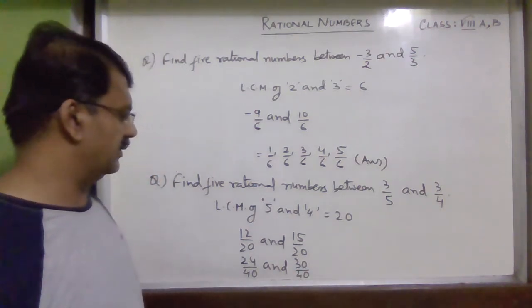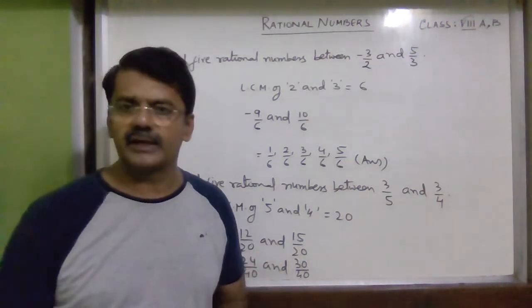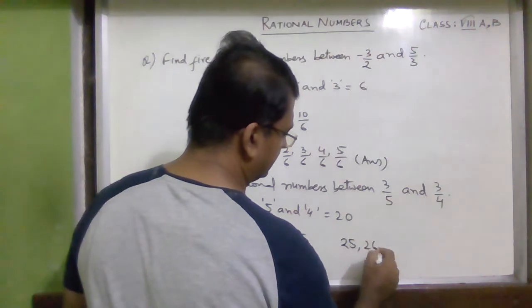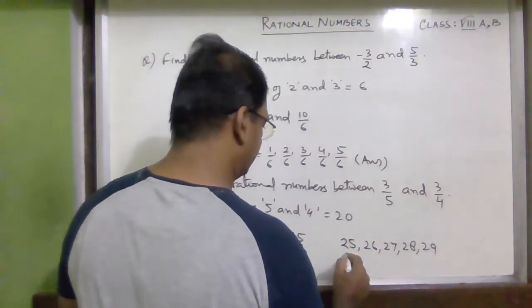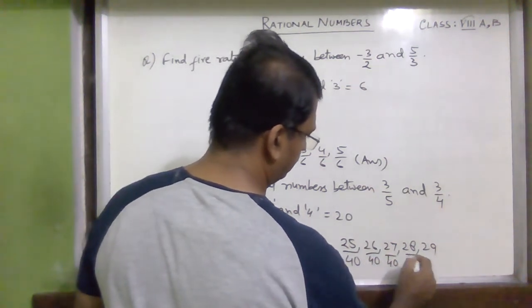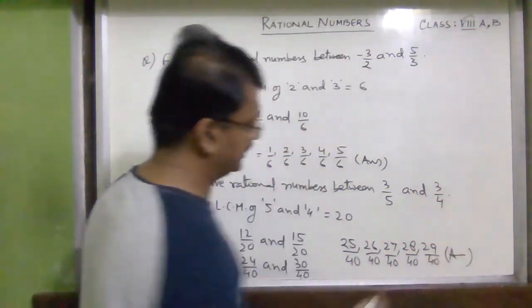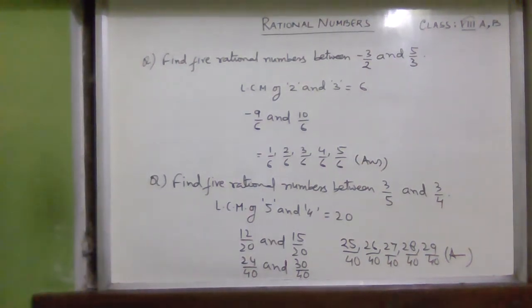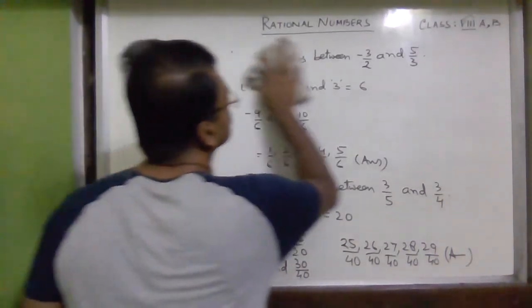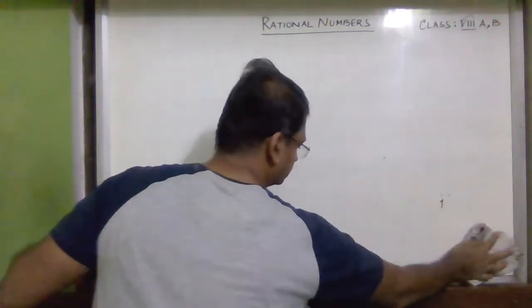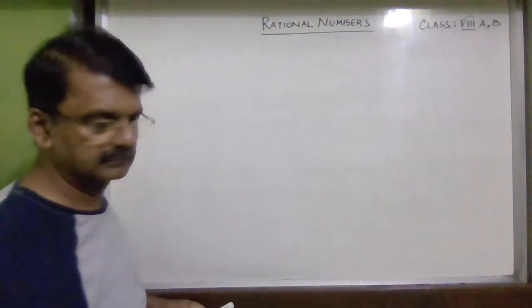Now you can easily write 5 integers between 24 and 30, that is 25, 26, 27, 28, 29, and divide them by 40. So that is your answer. Clear?